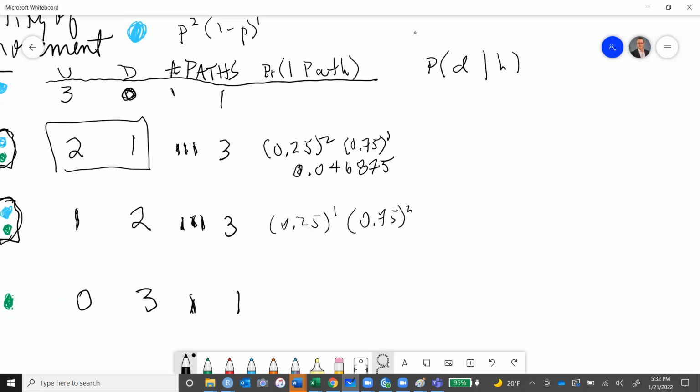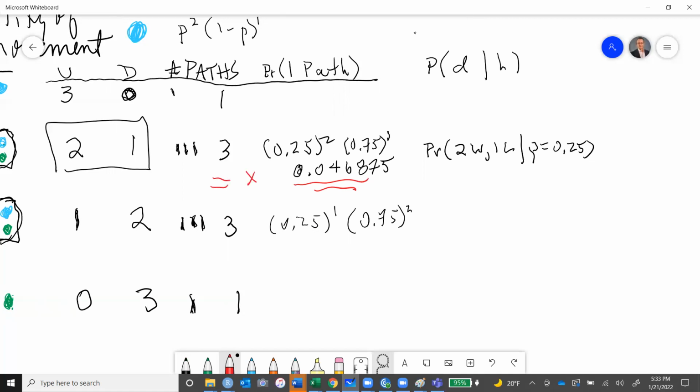And in this case, we're looking at the probability of seeing 2 up or water, 1 down or land, given a hypothesis of 0.25, is going to be this lovely number right here times this number.